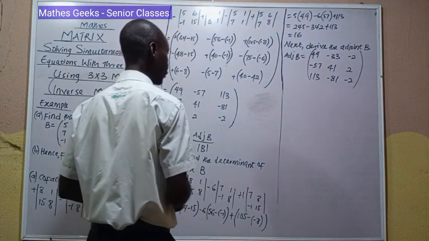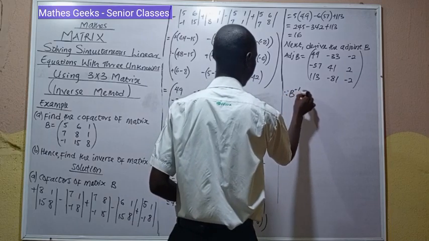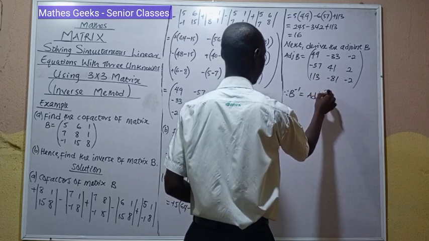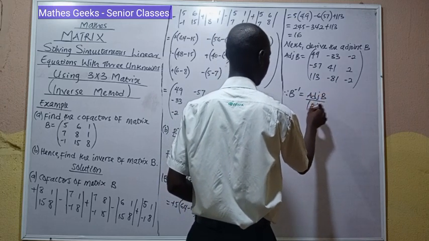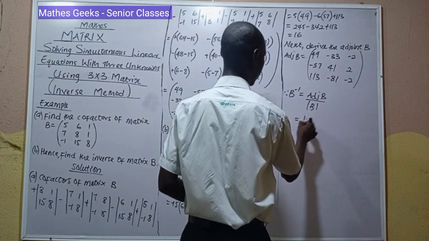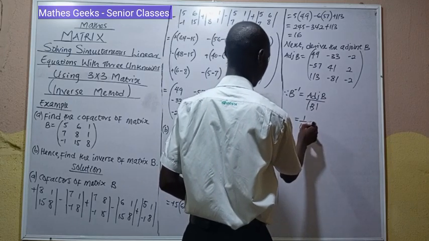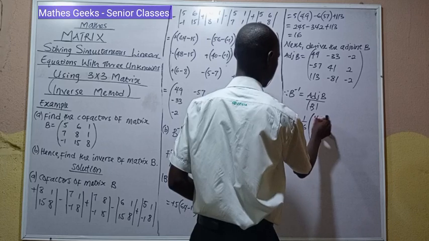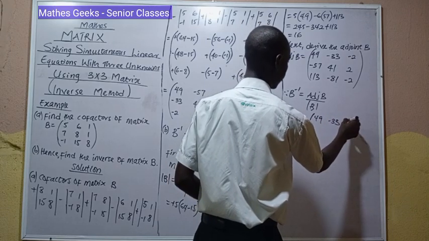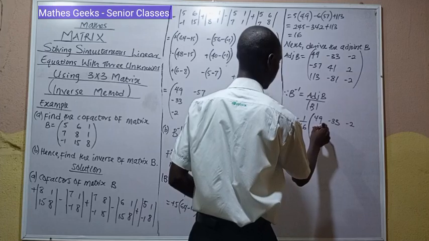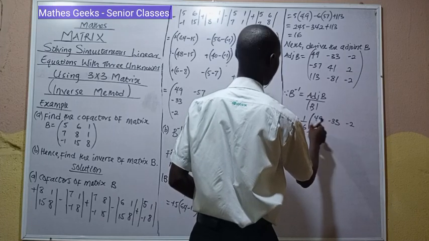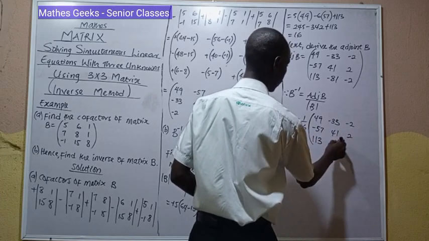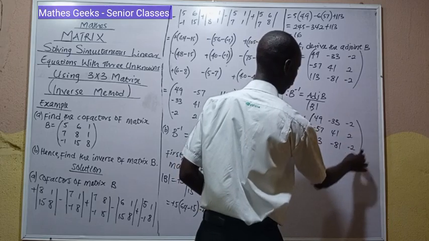So B inverse equals the adjoint of matrix B over the determinant of B, which is equal to 1 over 16 times the matrix: 49, minus 33, minus 2; minus 57, 41, 2; 113, minus 81, minus 2.